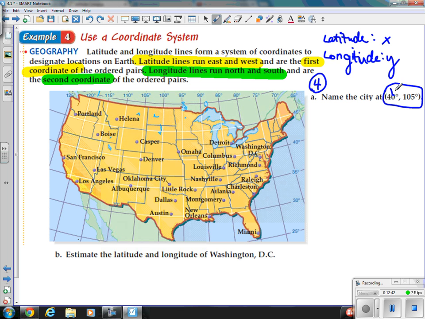So if the first one is my x, now I try to find the ones that run like the x-axis. So x runs left and right. So it'd be these lines right here that are running left and right. So I find 40. Now I follow it over till the line running vertically like the y-axis hits 105. So follow 40 right here over, keep following 40, and then I look here and I hit 105 on my y, and I'm at Denver.